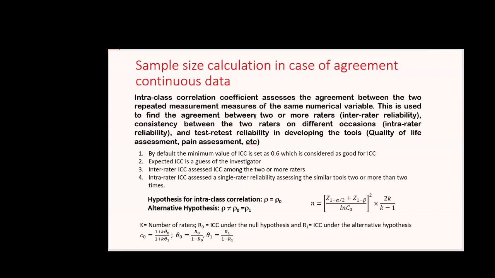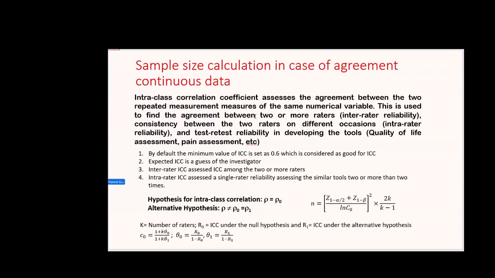Another example is if you are measuring some thickness based on CT and on ultrasound. The same radiologist or different radiologists are assessing the same width, the same parameter, in CT and in ultrasound.